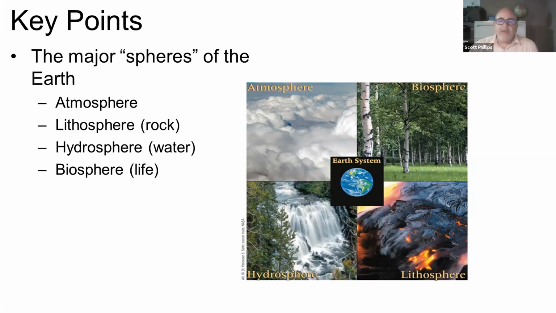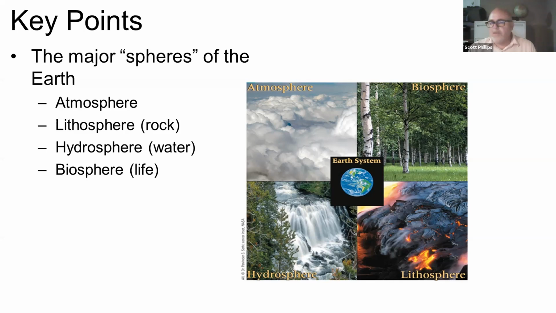On the one hand, we have the atmosphere, and that's the gases that surround the Earth. It has to do with the interaction of the sun and the Earth. All of Earth's weather is related to the atmosphere. We also have the lithosphere, or the rock layer of the Earth. This is the processes that create the physical environment, the rock part of the environment of the Earth. We have the hydrosphere, which has to do with Earth's water.